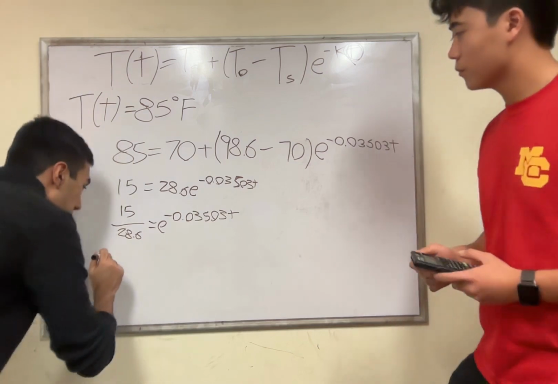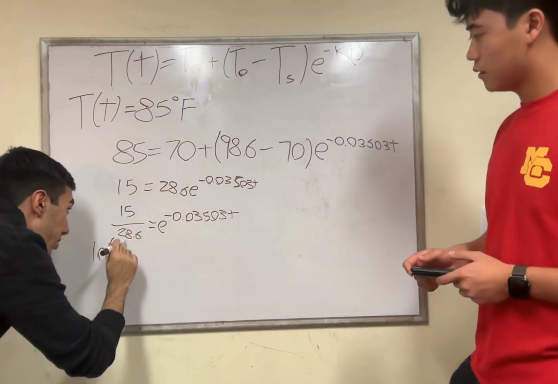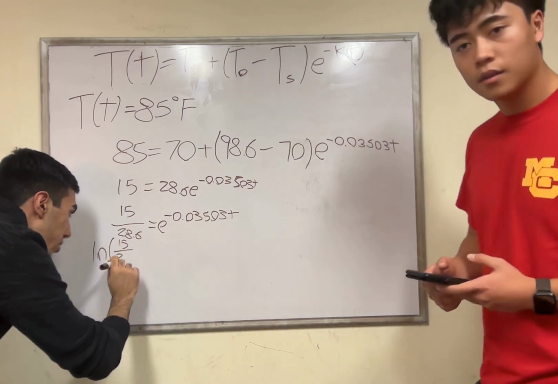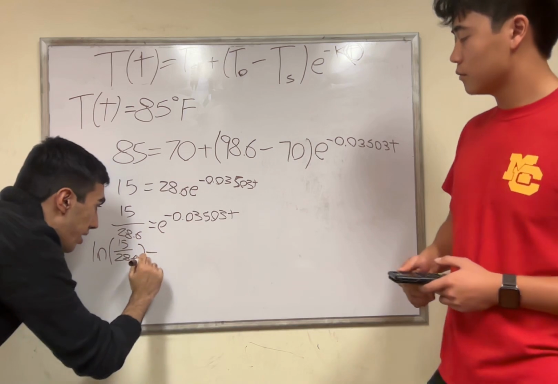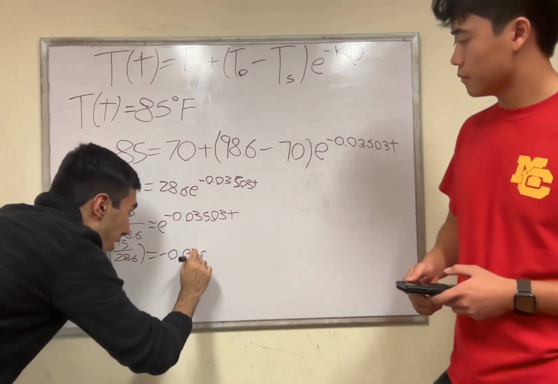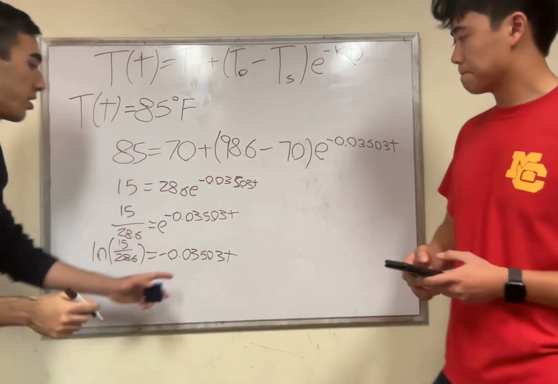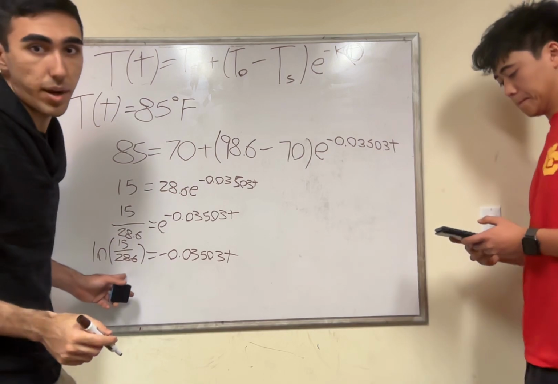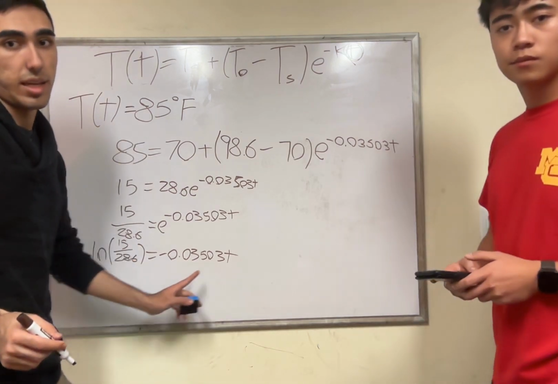So then natural log of 15 over 28.6 equals negative 0.03503 t. So then divide both sides by this k value, and then we find t.